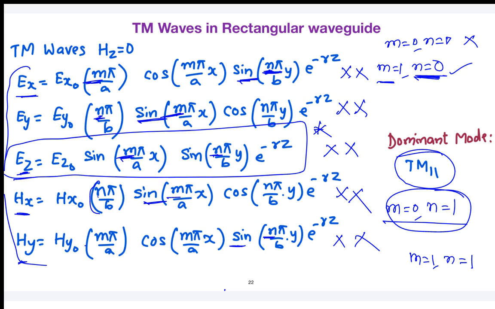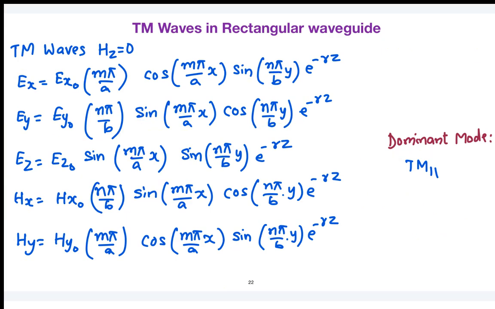Is it clear? To summarize, for TE, the dominant mode is either TE10 or TE01 based on the condition, and for TM, the dominant mode is TM11.